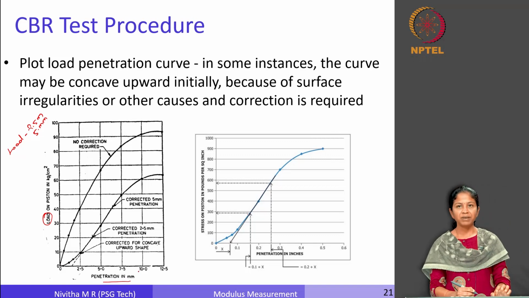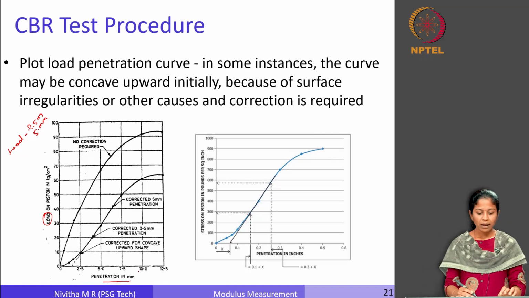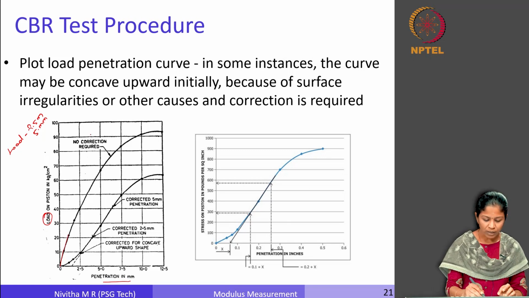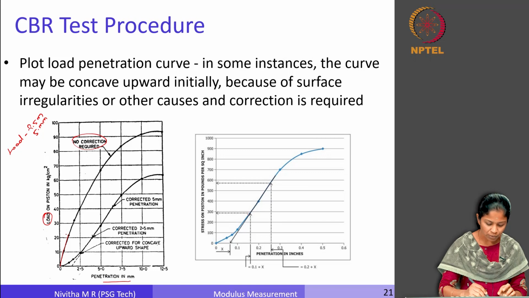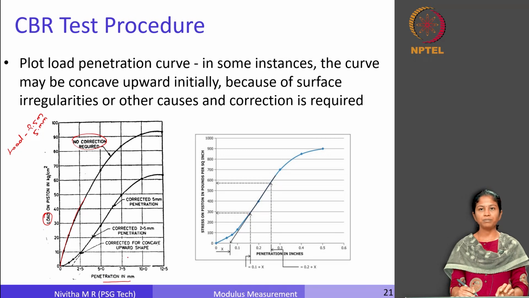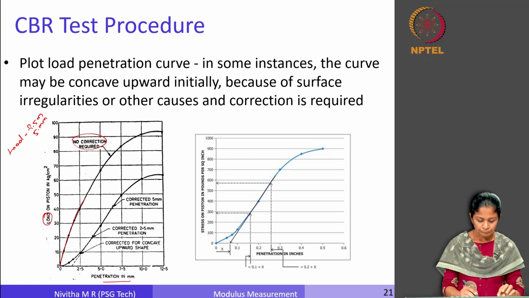From this curve, we have to calculate the load corresponding to 2.5 mm and 5 mm depth of penetration. Now, if you see, this is a correct trend that we see for a load penetration curve. If you look at this one which says no correction, you can see here it increases like this, right. So, this is a typical trend that we are supposed to observe for a load penetration graph.